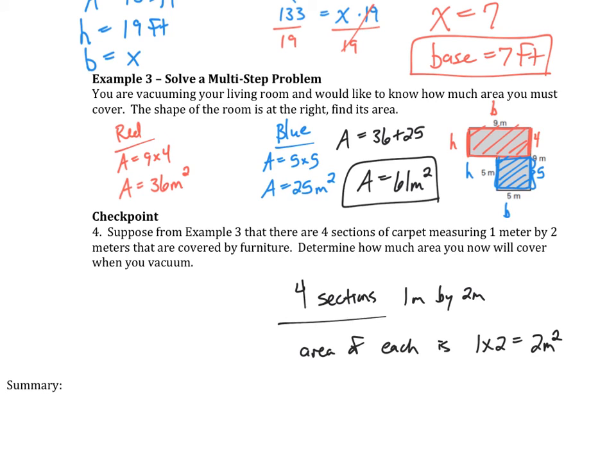So if there's 4 sections, and each section is 2 meters squared, that means the total is 4 times 2, which is 8 meters squared.